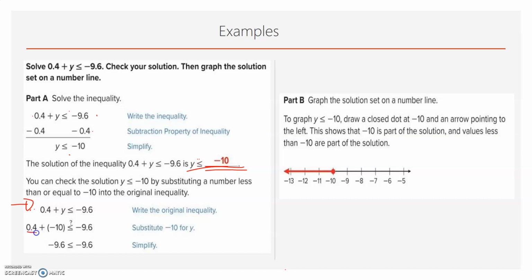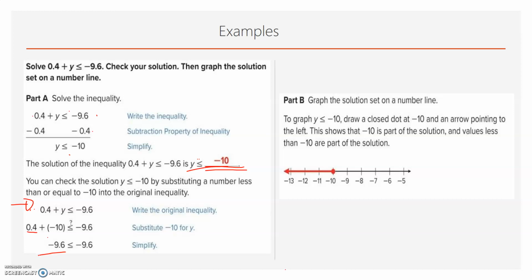Let's see. 0.4 positive, plus negative 10. This is like saying 10 minus 0.4. It's going to be what? Negative 9.6. Is it less than negative 9.6? Obviously no. It's less than or equal to negative 9.6, and in this case, it's equal to negative 9.6.